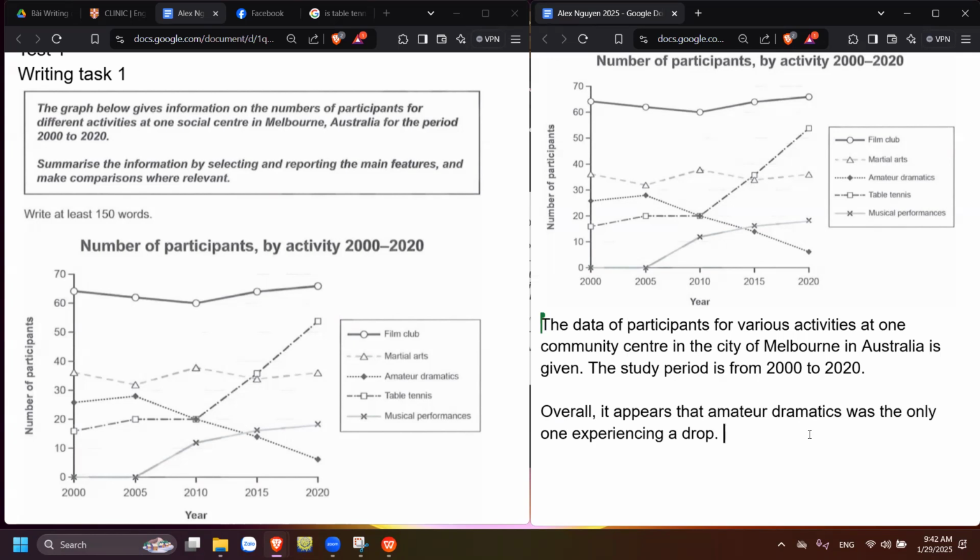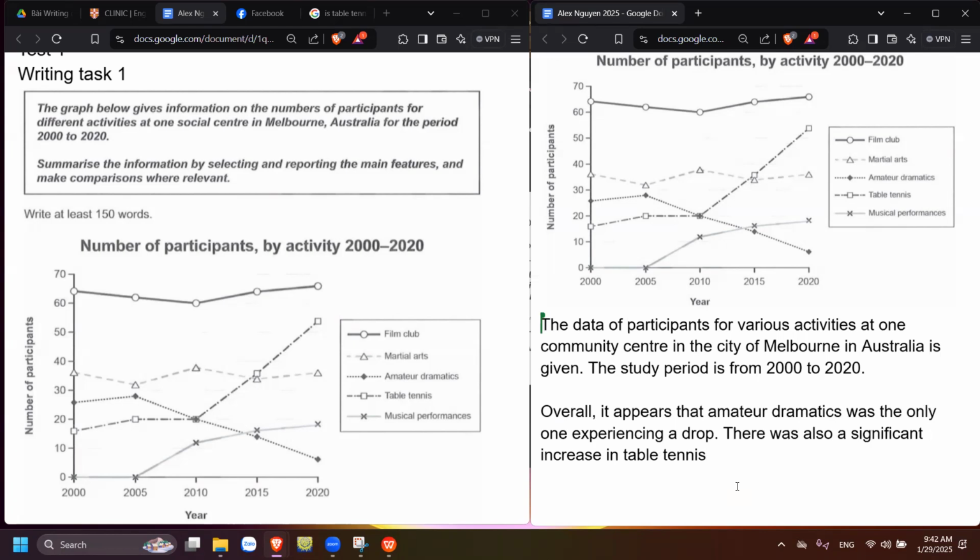There was also a major increase of participation in table tennis. There was also a significant increase in table tennis.